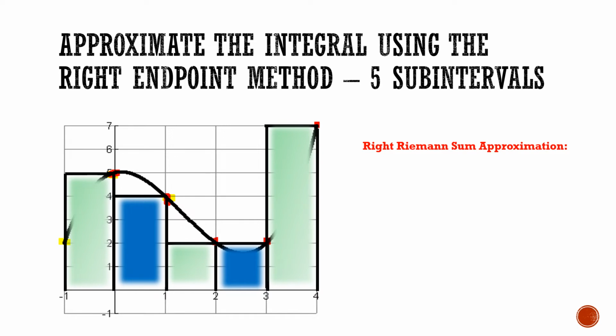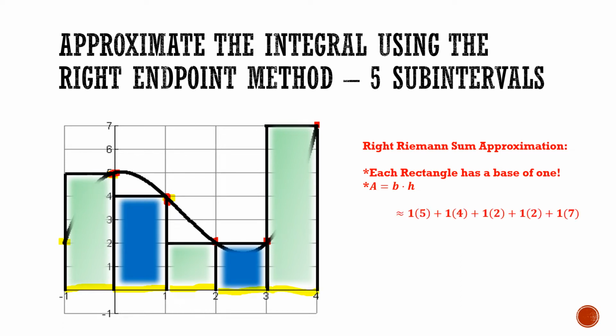Now, what I need to understand is that area for a rectangle is equal to base times height. All of these rectangles that we drew have a base of 1 unit. Each rectangle had a base of 1 unit.